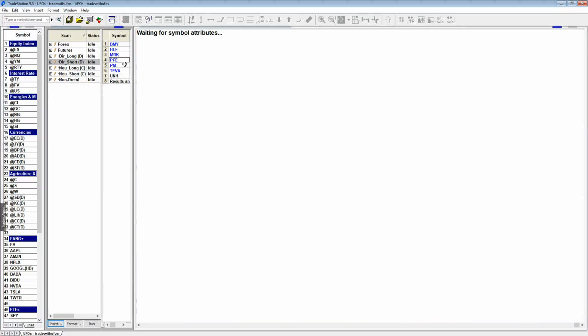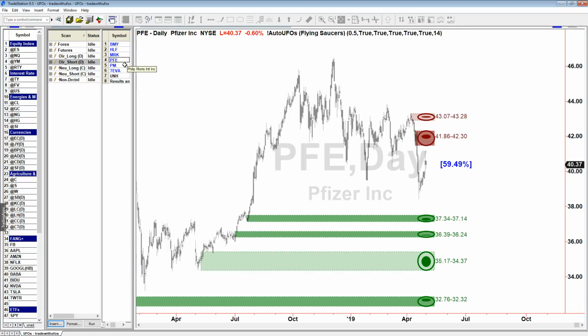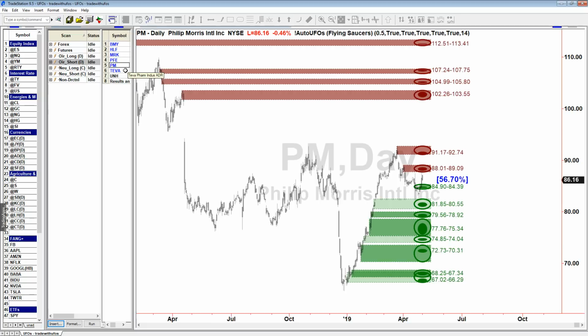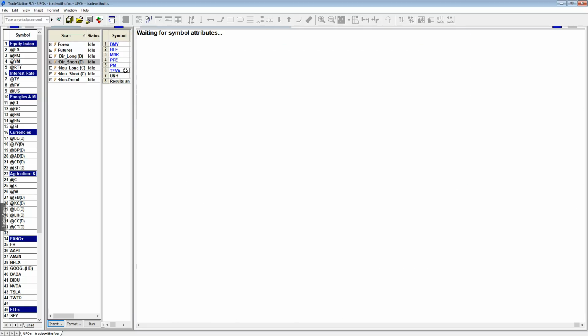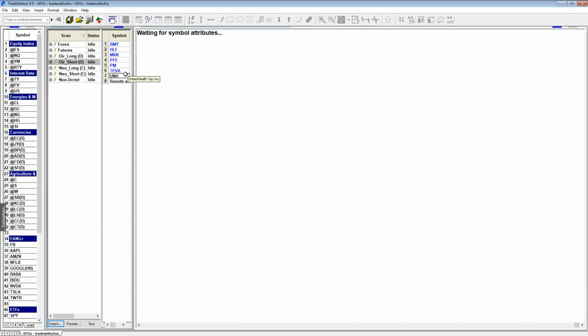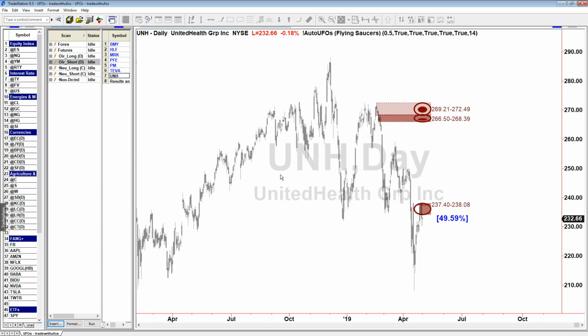I'll come back to Merck in a minute. Pfizer looking good as well. Philip Morris, less room for movement. Teva, less room for movement. UNH is looking quite good actually.